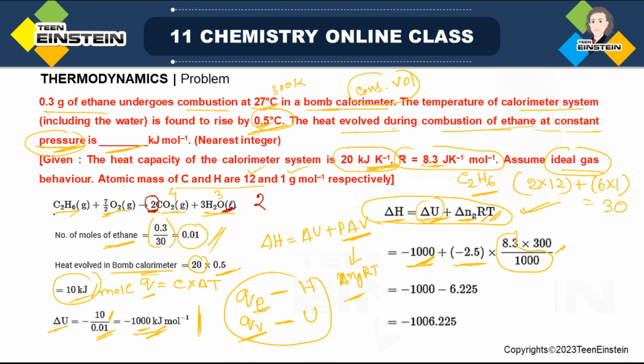On the left hand side you have 1 plus 7 by 2. Now 1 plus 7 by 2 is basically 9 by 2. So 2 minus 9 by 2, if you calculate, is 4 minus 9 by 2, that means minus 5 by 2, which is minus 2.5.